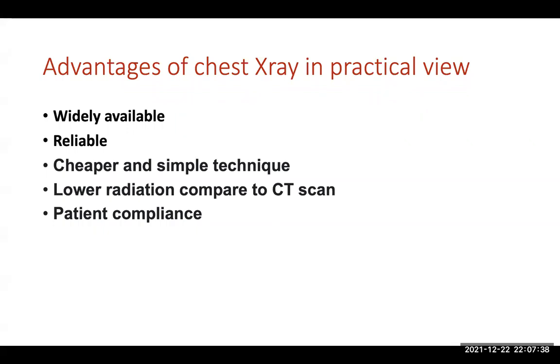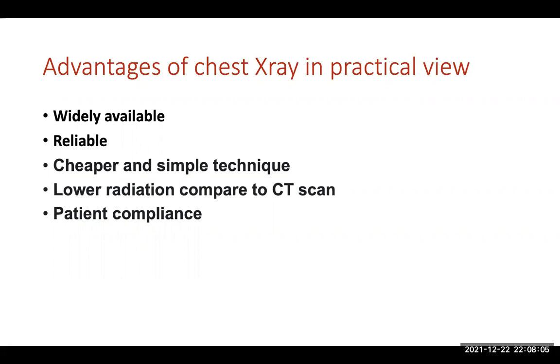Why is it reliable? Because in the periphery, in a third world country like ours, other tests like blood tests are not reliable in all labs, and they vary from lab to lab. But chest X-ray, or ECG, is very reliable, and you can look directly at the patient's chest with the help of the X-ray.